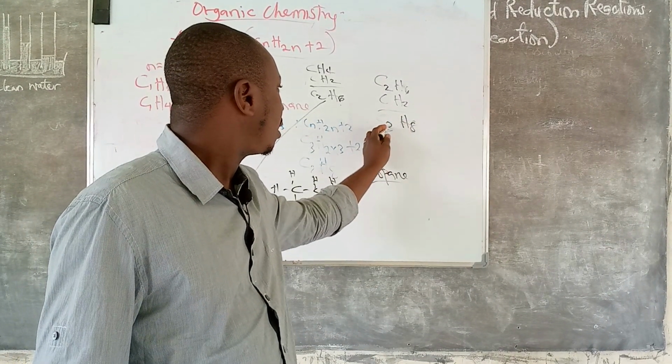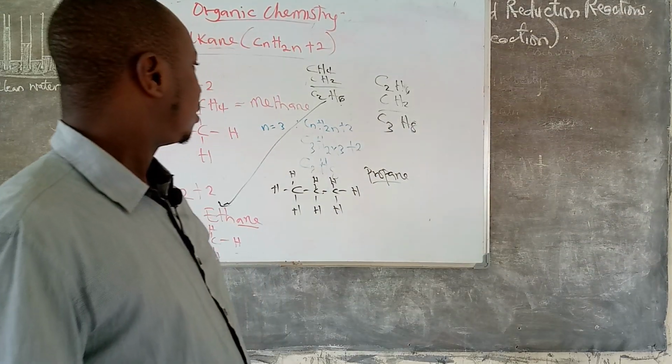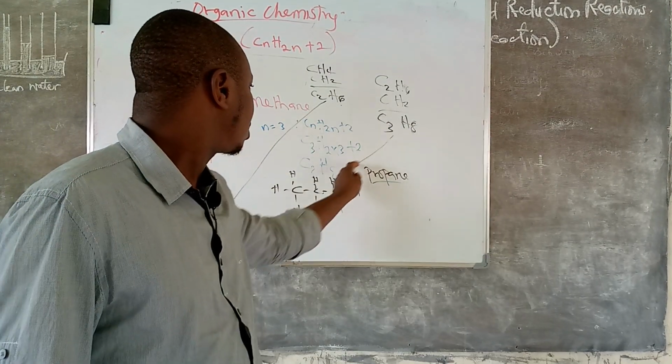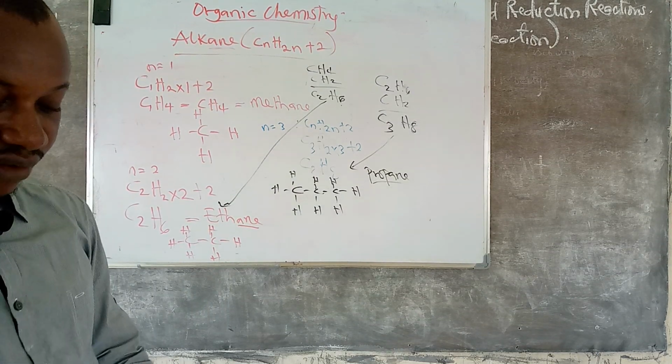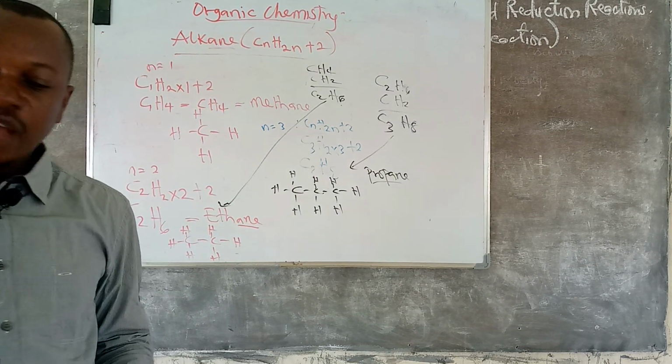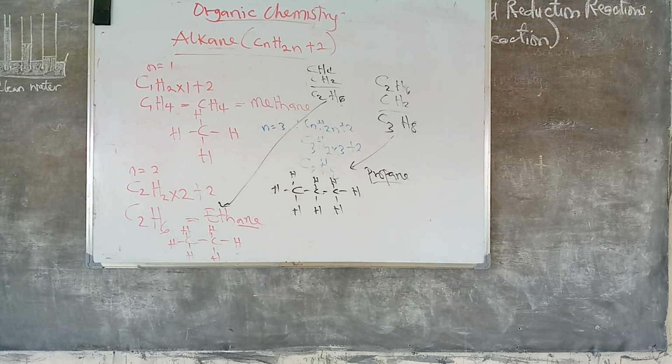That is what you are getting, which is the same thing with what we got here. So any means you want to follow, it will give you the same answer. Whether using the formula to derive the whole members, or getting the first member using the formula, then adding CH2, you will get it.